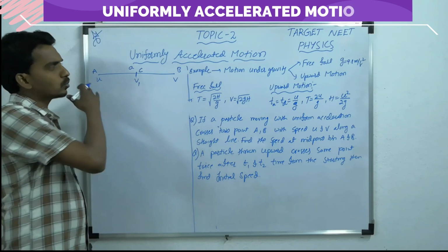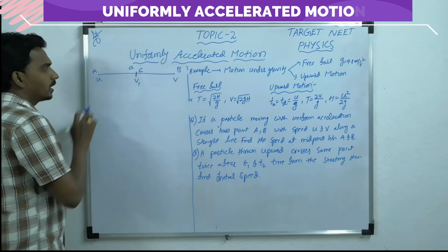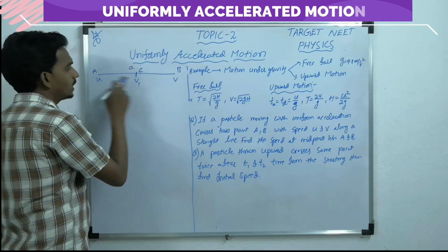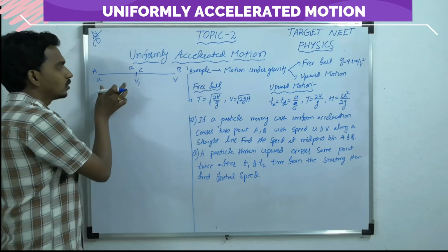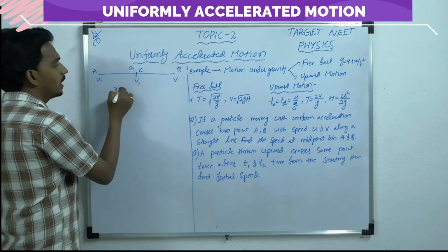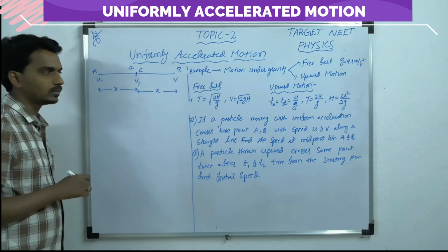What is constant throughout the motion? Acceleration. If you consider any 2 points, you know the initial and final speed, and you know the acceleration. You know the displacement too, or you can take it as x because it is a midpoint.